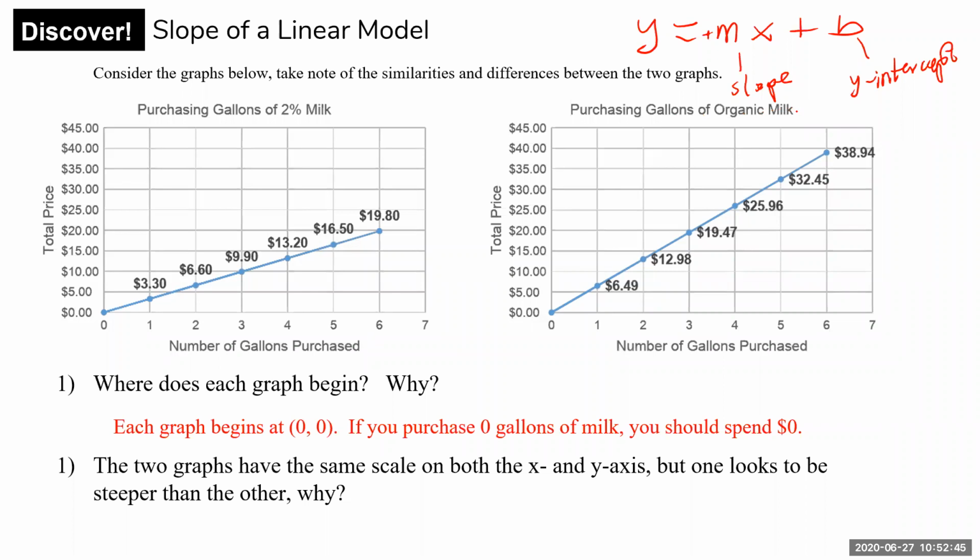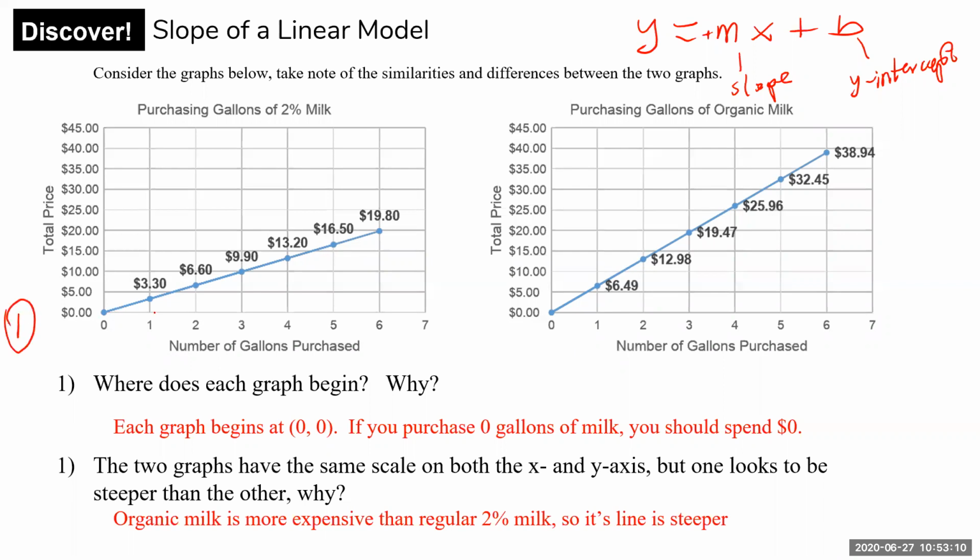So if you buy 0 milk, we expect you to pay $0. The two graphs have the same scale on both the x-axis and the y-axis, but one looks to be steeper than the other. Why? One is steeper because organic milk is more expensive. I'll start from my left right there. If I buy a gallon of 2% milk, how much do I pay? I just pay $3.